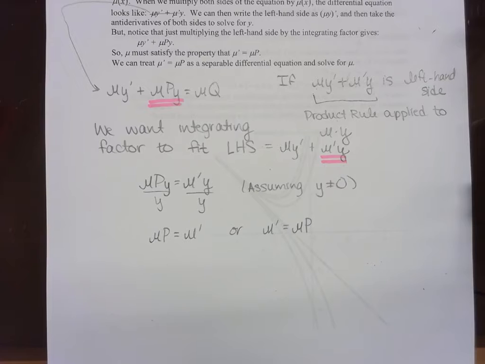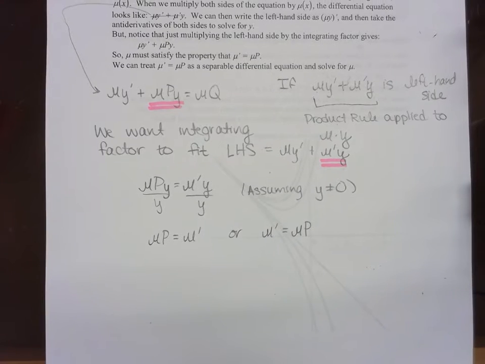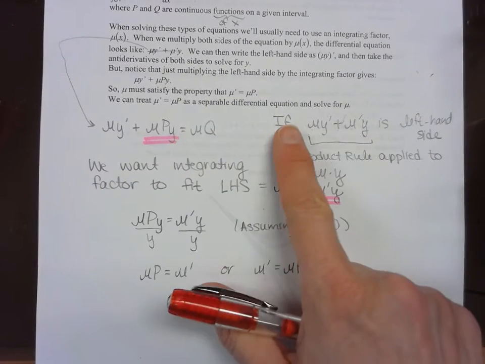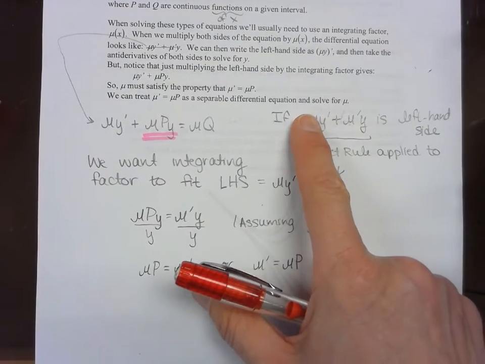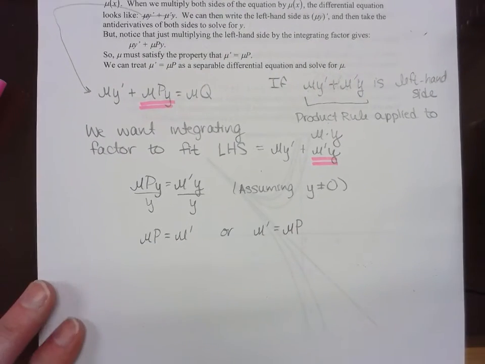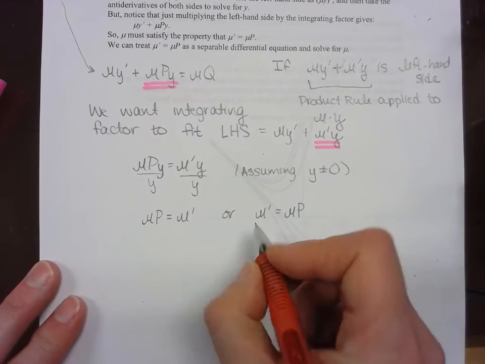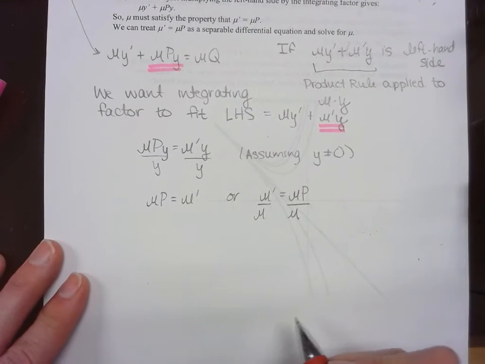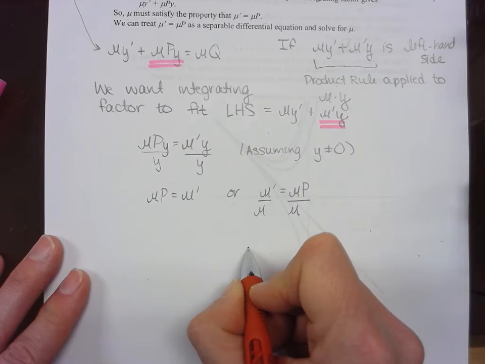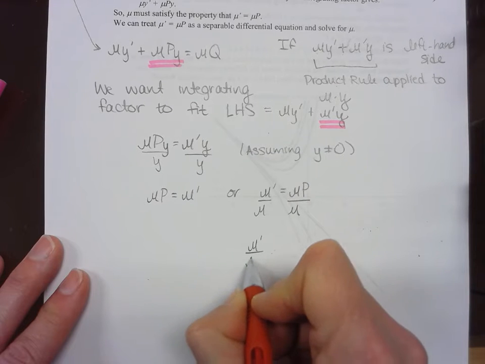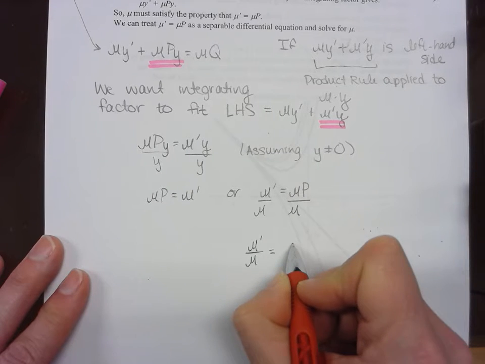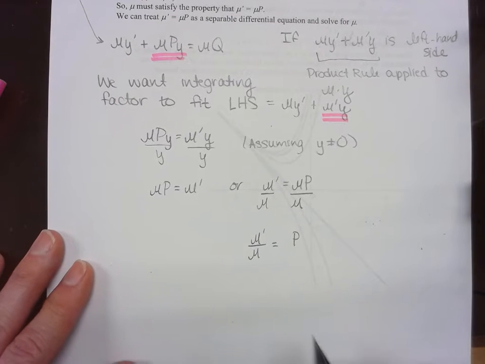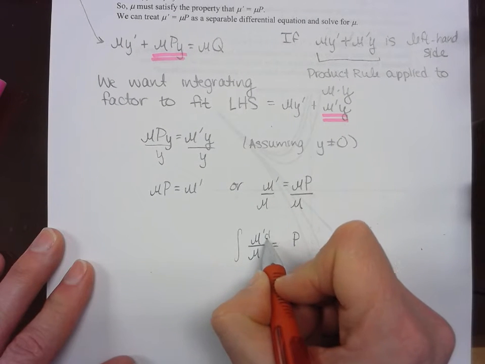And it says now we can treat that as a separable differential equation and solve for mu. So I'm just going to divide both sides by mu. So we have mu prime over mu equals p, and then we're going to integrate both sides with respect to x.